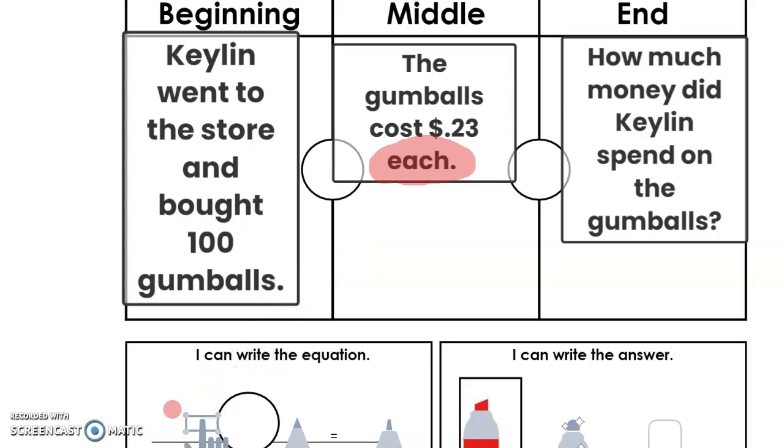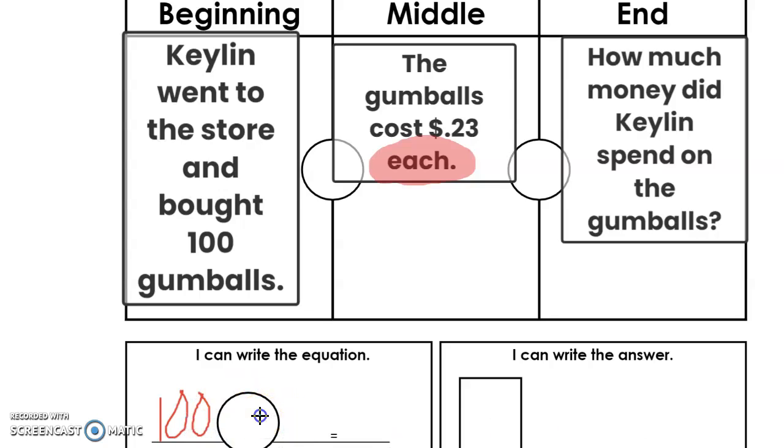So I'm going to choose a different tool to write with. Let me get my eraser. All right. So my equation is going to be, and I want a color that's going to show up on the screen. Let's go with red. It's going to be 100. And I'm just going to freehand this. 100.